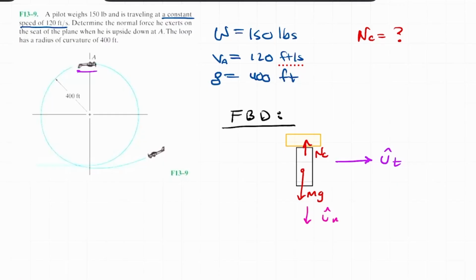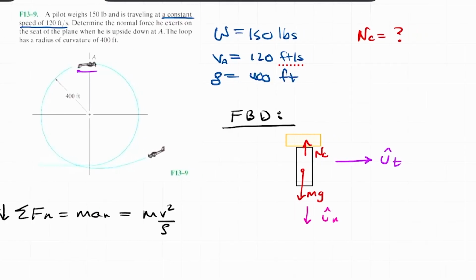Okay, so whenever we do this, we can do the summation of forces. The summation of forces in the normal direction is equal to mass times acceleration in the normal, which is equal to mass times velocity squared over rho, where downwards is our positive direction.